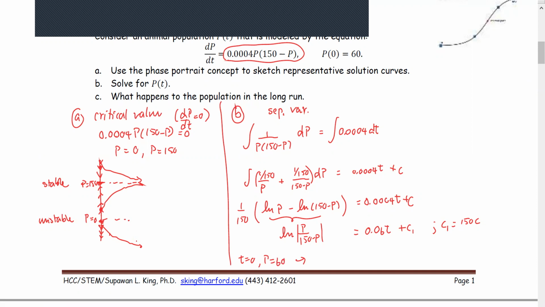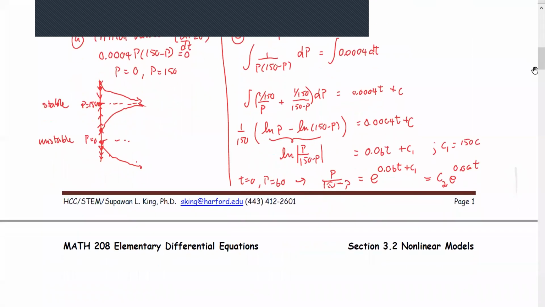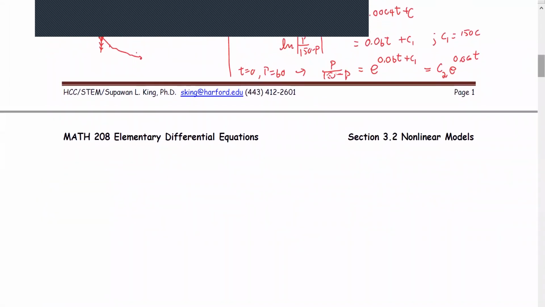Before we substitute the numbers, let's raise the general solution as the power of e to get P over (150 minus P) equals e to the power 0.06 t plus C1, or we can rewrite it as C2 e to the 0.06 t.